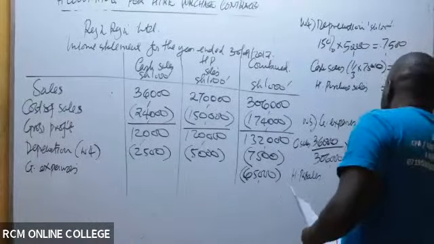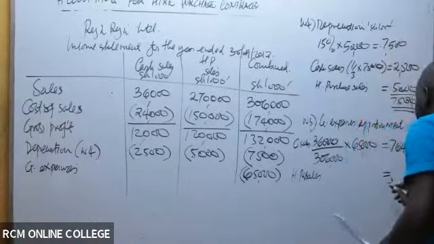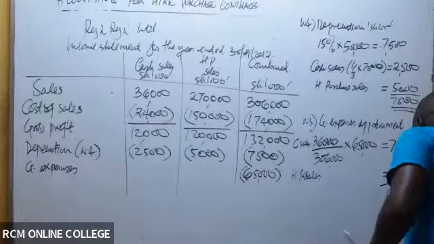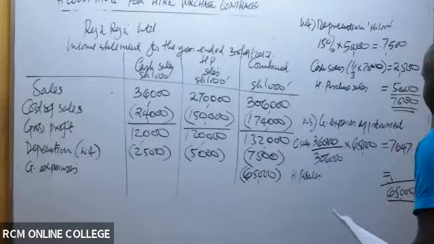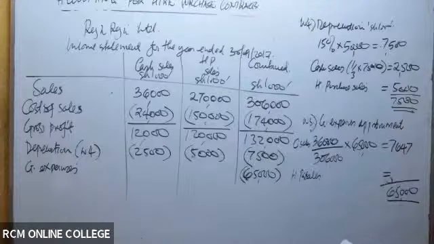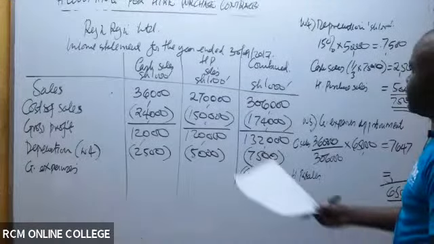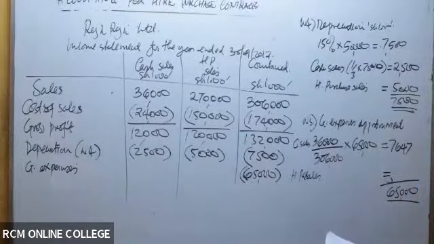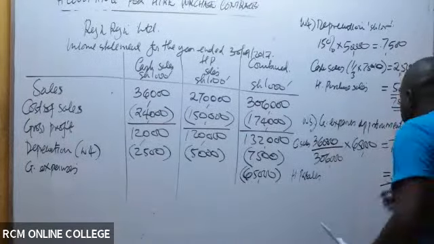What is the difference? Because the total is supposed to give you 65 million. So 270 over this, you get 57,353.